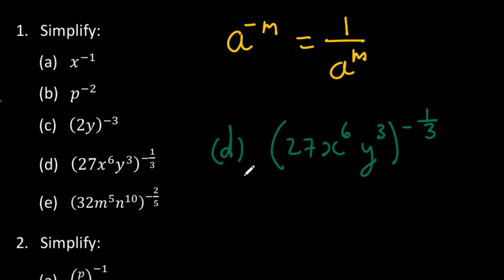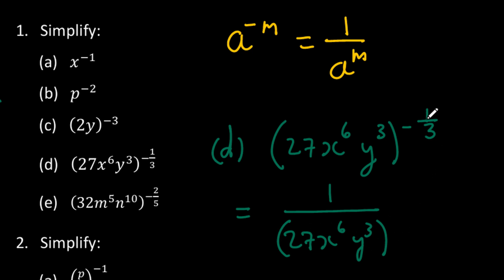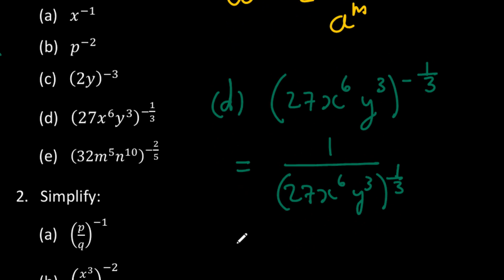Let's look at d. We can first get rid of the negative power by using this law. So let's do that. So this is going to be 1 over all of 27 x to the 6th y cubed, then all to the power of positive 1/3. We can simplify further. We're going to use prime factors of 27.